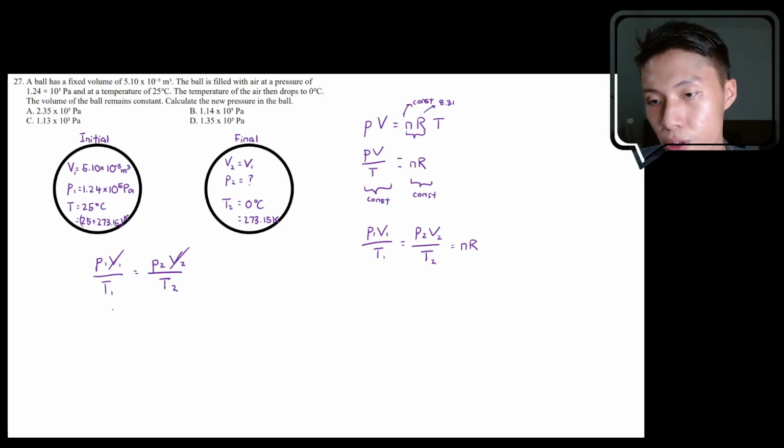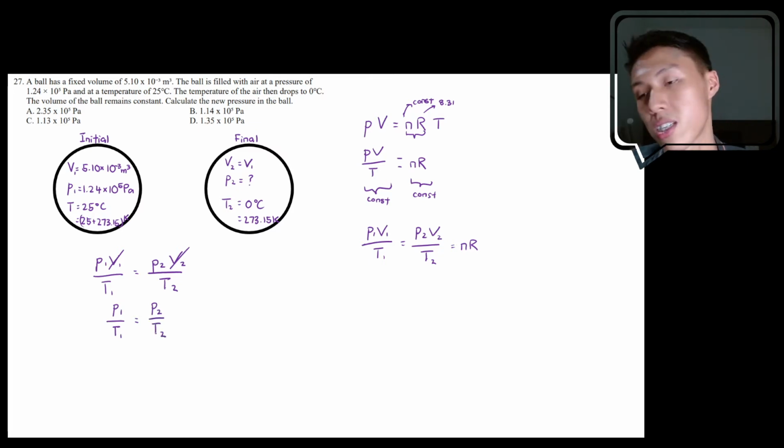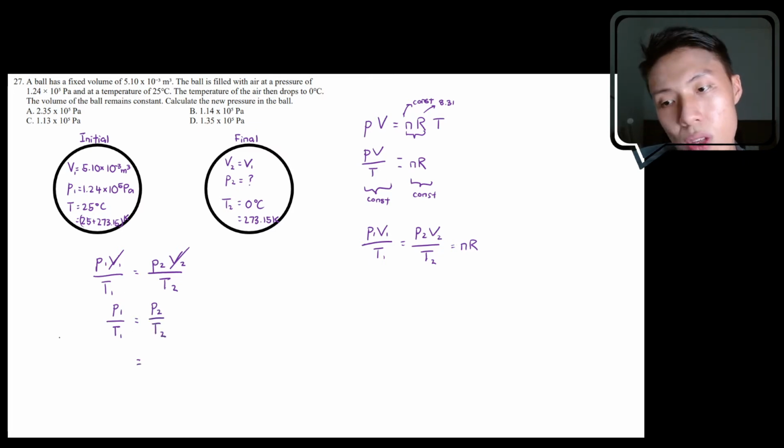Now you're left with P1 over T1, the pressure divided by the temperature for the first situation, equals the pressure divided by the temperature for the second situation. So what you need to do now is just substitution. 1.24 times 10 to the power of 5 Pascal divided by the temperature, 25 plus 273.15.